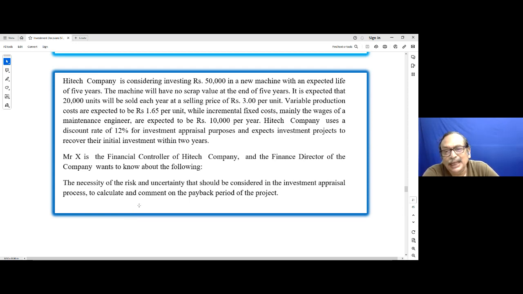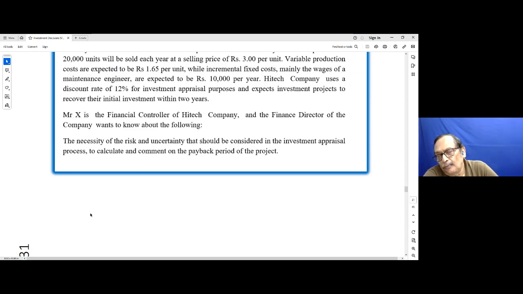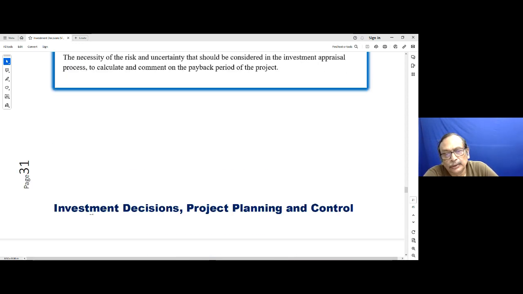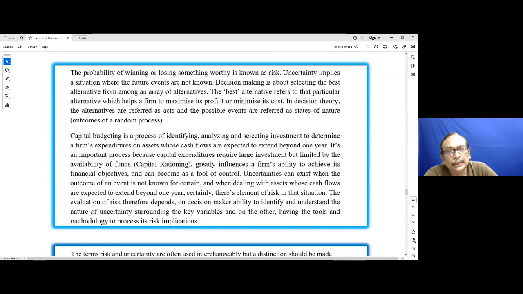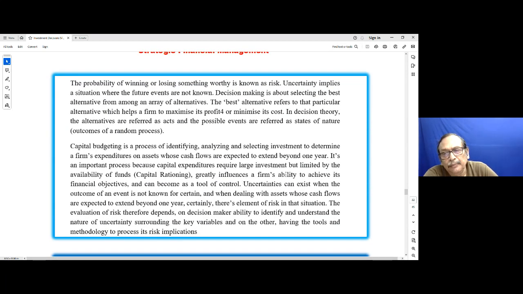So it is a case study type question. Just go through this and allow me 2 minutes time, and I am going to discuss if a question like this comes, how to answer this type of question in the examination hall. Just have a look.